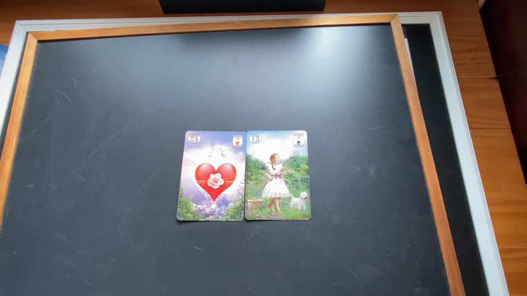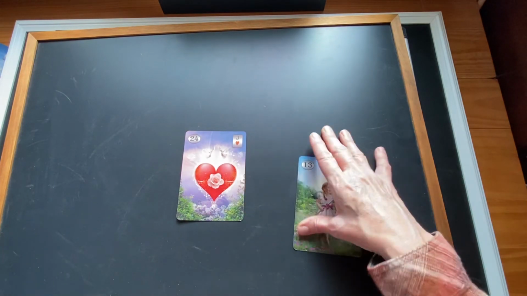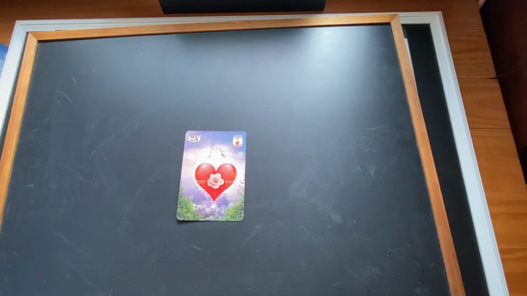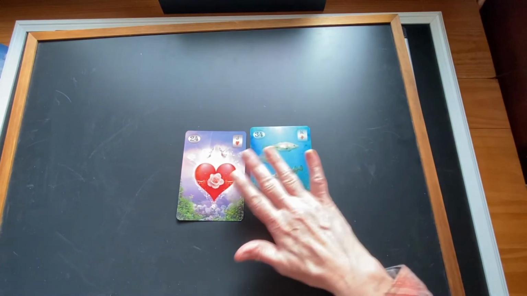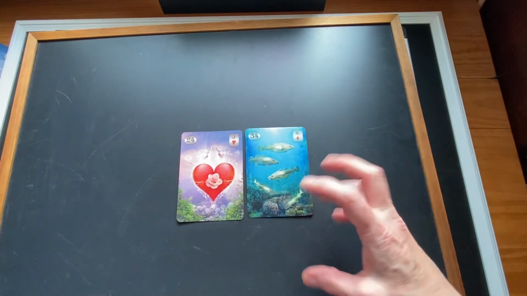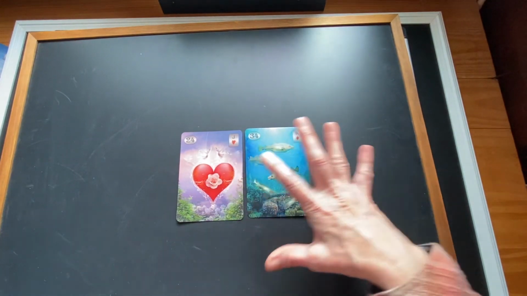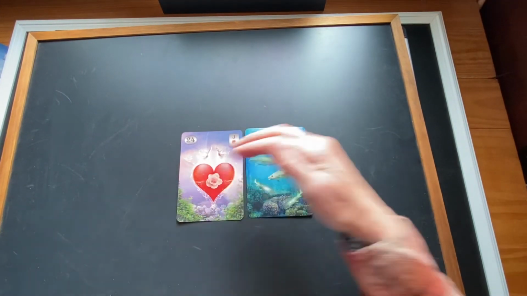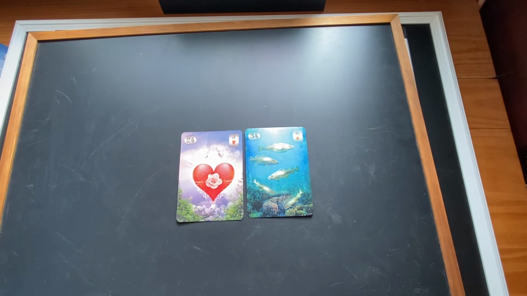How about from the depths of one's heart? That means that it's something so profound, that I would want the fish for. Because that is the card of deepness, a lot of deep, profound feelings. That would mean, to me, the depths of one's heart.